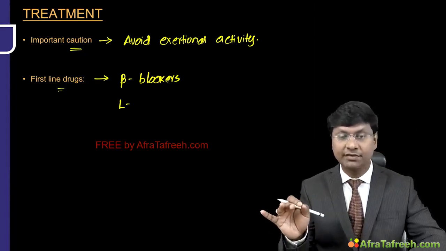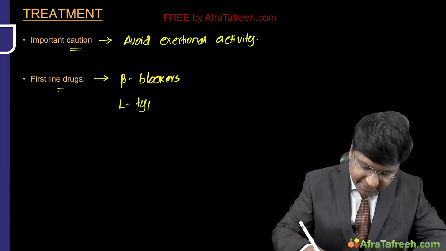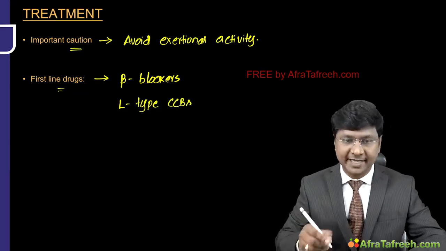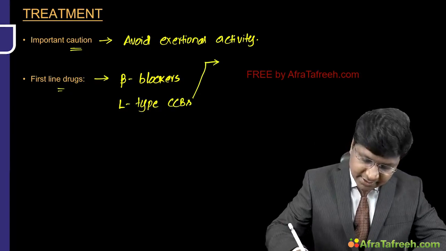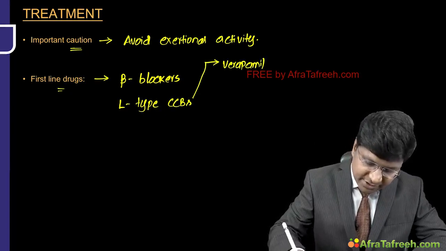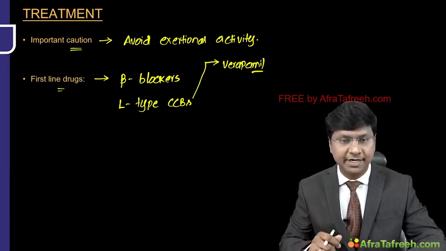In such cases, we give non-dihydropyridine calcium channel blockers, which are nothing but L-type calcium channel blockers. Examples are diltiazem as well as verapamil. So these drugs are considered the first line drugs in the treatment of hypertrophic cardiomyopathy.